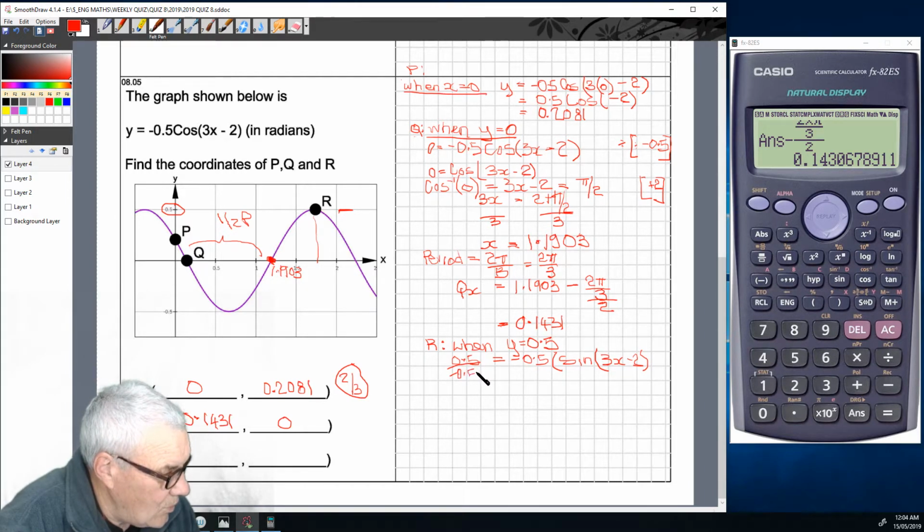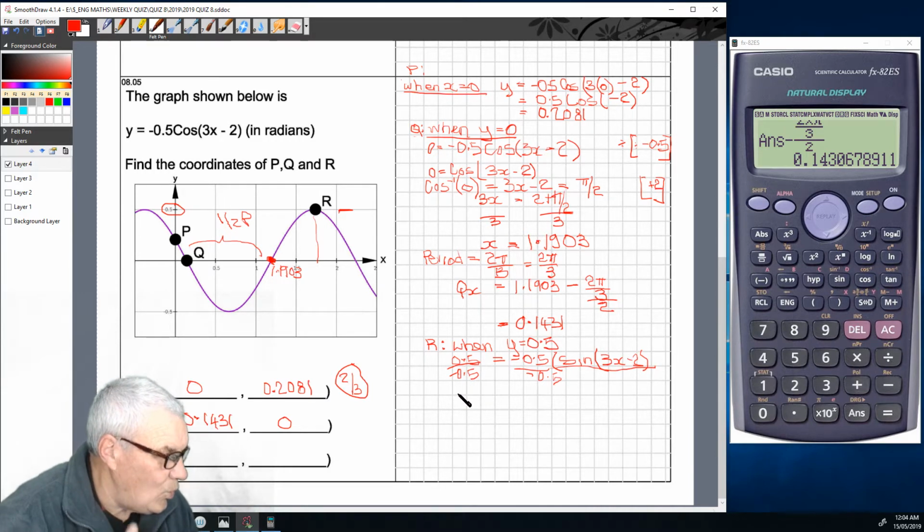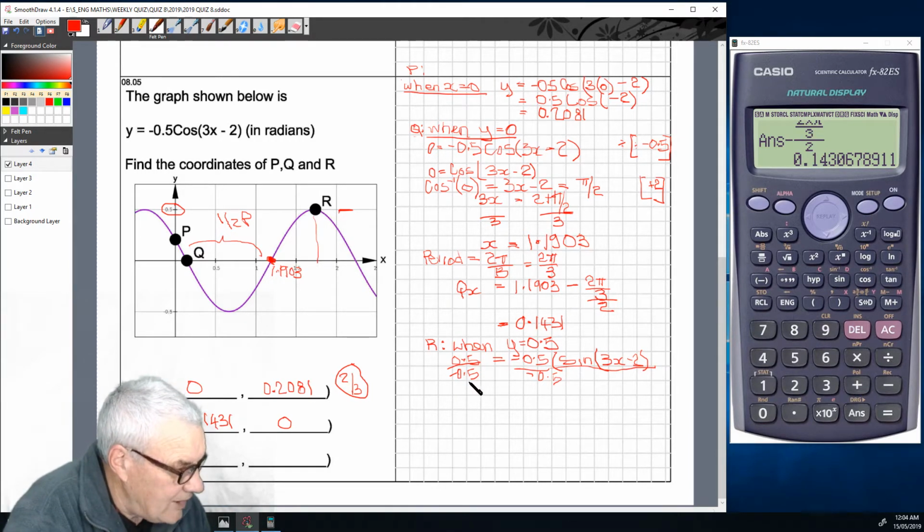That would be over everything because they're multiplied together. And then what we get is negative 1 equals sine 3x minus 2.